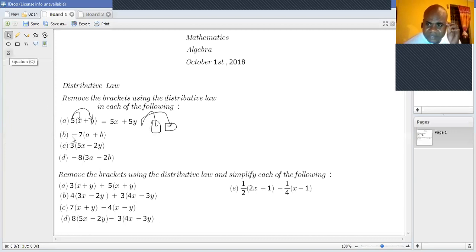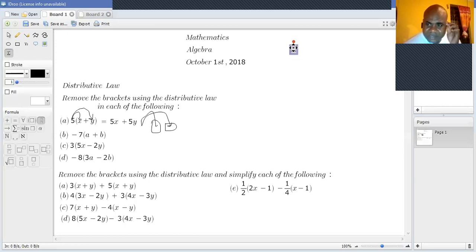Please note that when we're working with integers, please make note of it over here.